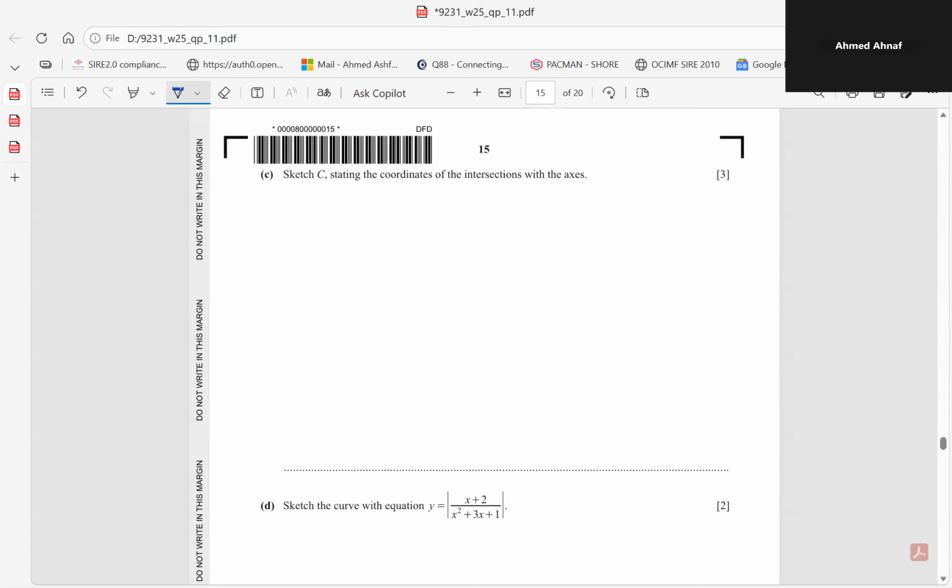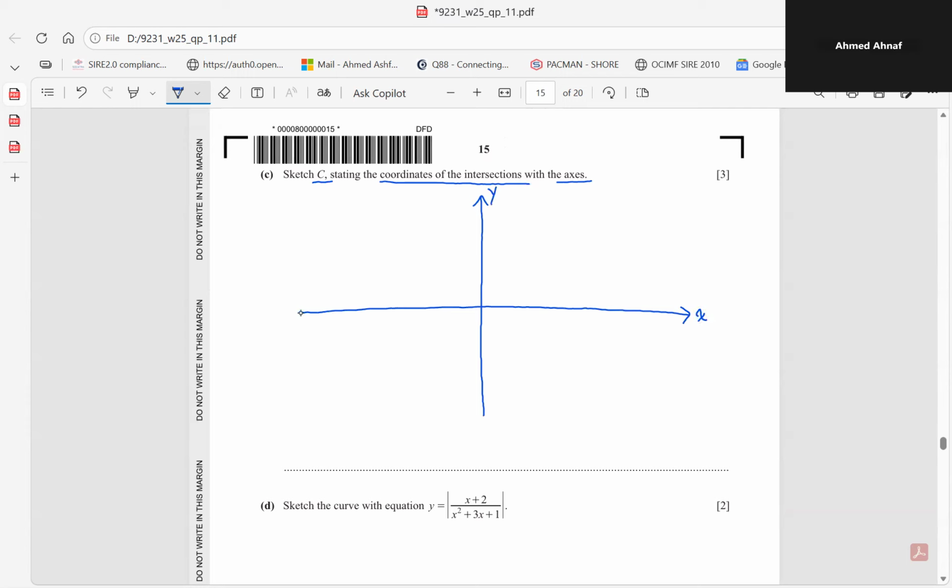Okay, so for part C, we need to just sketch C, stating the coordinates of intersection with the axes. To sketch C, we first start off by drawing our x and y axes and labeling our asymptotes.